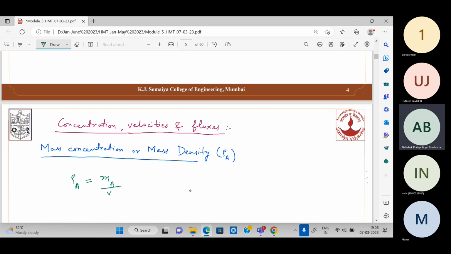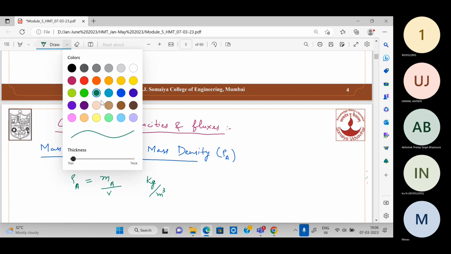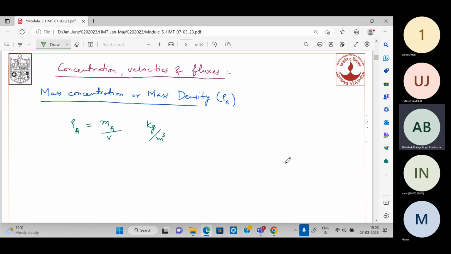The unit is kg per meter cube. Now the second factor is the molar concentration. These terms are required to understand the mechanism of mass transfer properly.